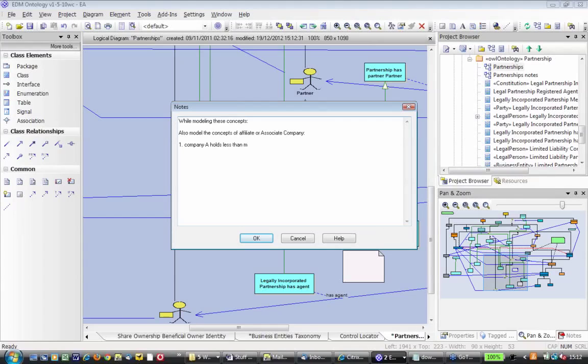One where company A holds a less than majority shareholding in company B. By less than majority, you mean less than 50%? Correct, of the voting stock. So they have a substantial but non-controlling, non-de jure controlling interest, yeah.